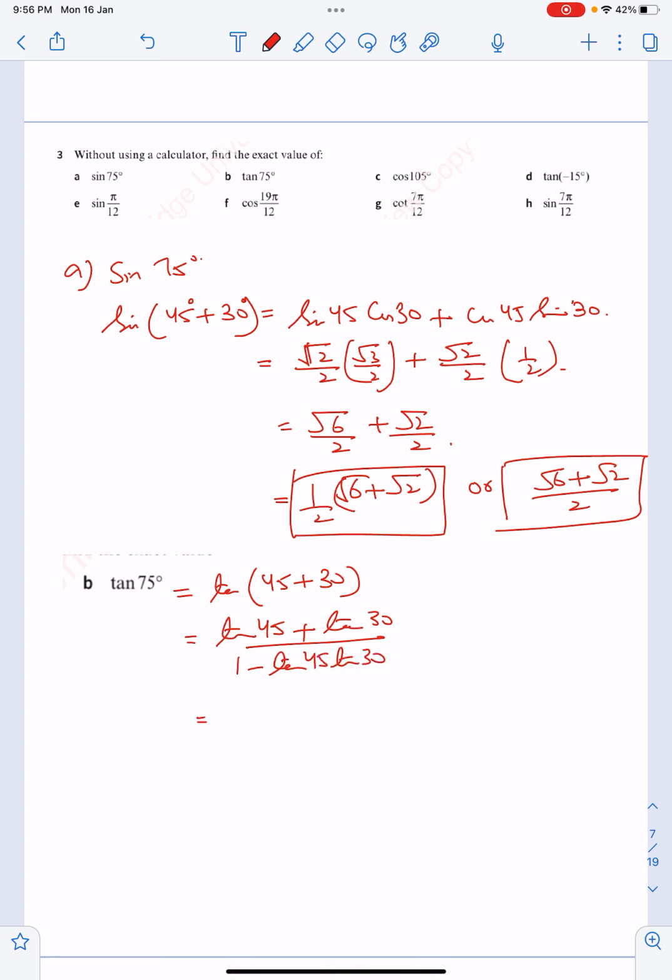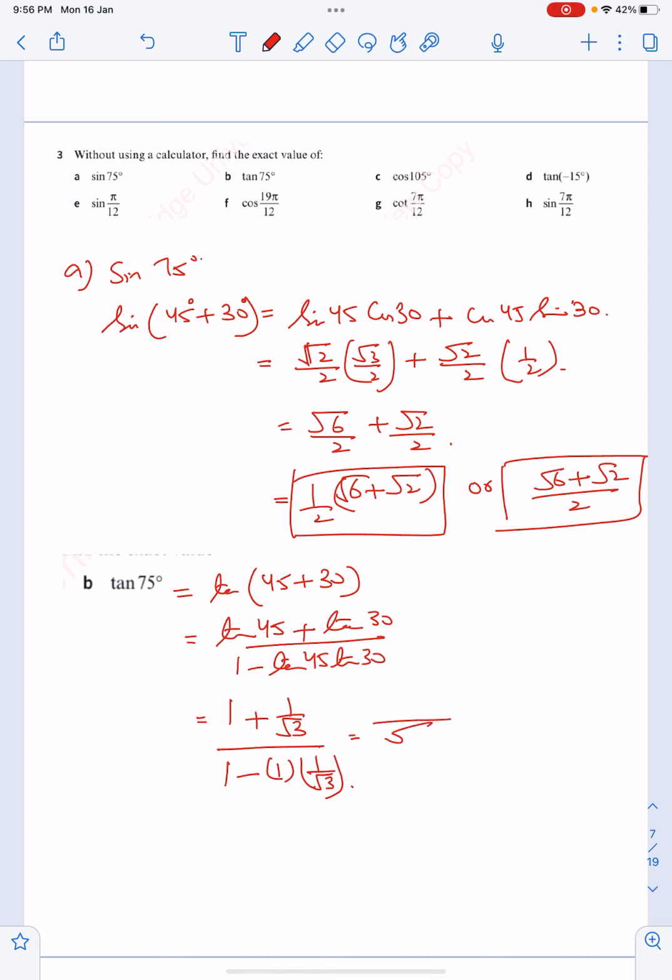Tan of 45 we know is 1, tan of 30 is 1 upon root 3. So, if I write it in the denominator, it will be 1 minus tan of 45 is 1 and tan of 30 is 1 upon root 3.